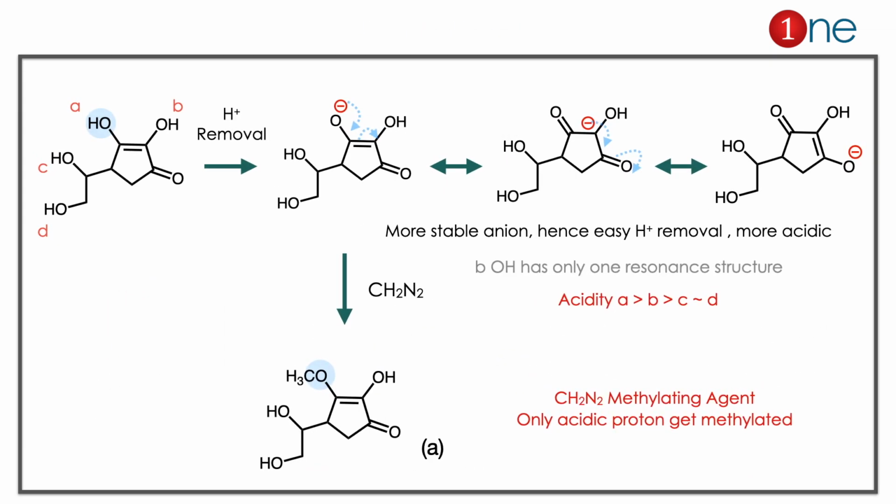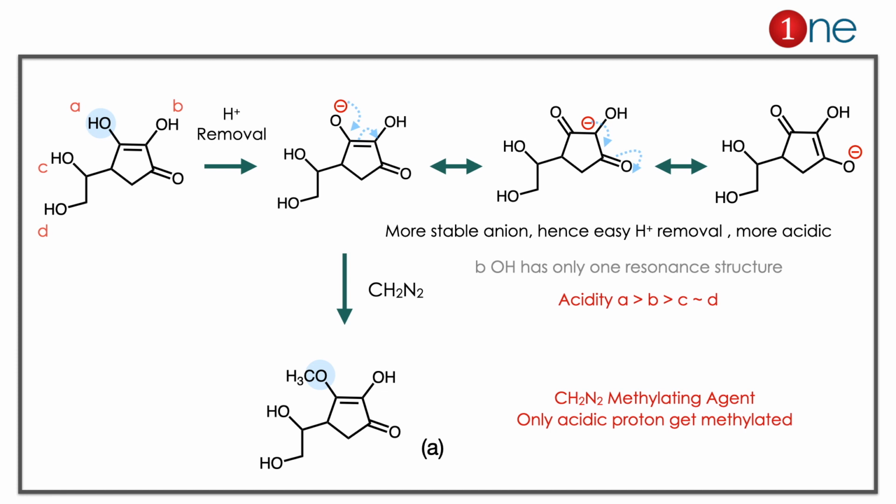The starting material contains many hydroxy groups with a ketone. Here you have 4 different alcohols, but CH2N2 is the methylating agent. It simply methylates the system, but only the acidic proton gets methylated. Compared to all the other alcohols, the 2 alcohols in conjugation can donate the hydrogen easily and have the best acidity.